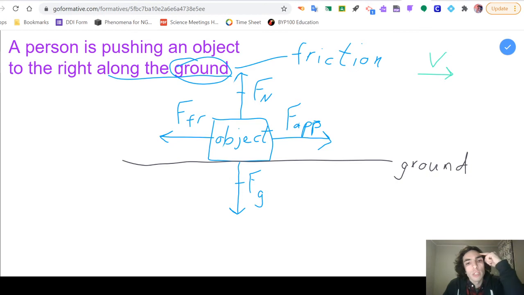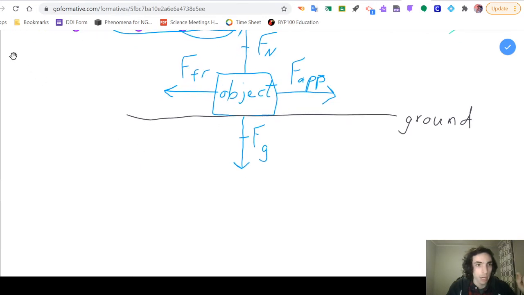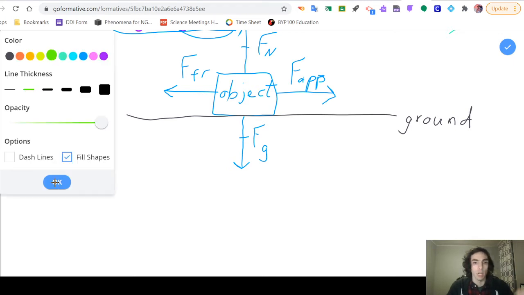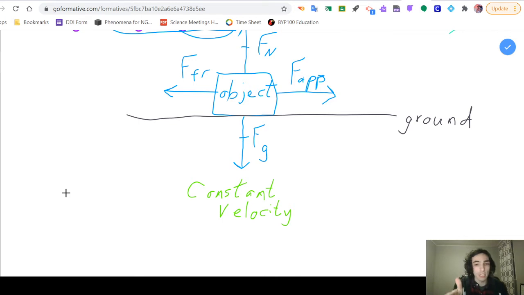Now, in order for us to know how long we should draw this friction force, we need to know something about how this object is, again, either accelerating or not. So I'll draw 3 different situations very quickly down here below. If we were told that it was moving at constant velocity, that means that its speed and the direction of its motion are not changing.